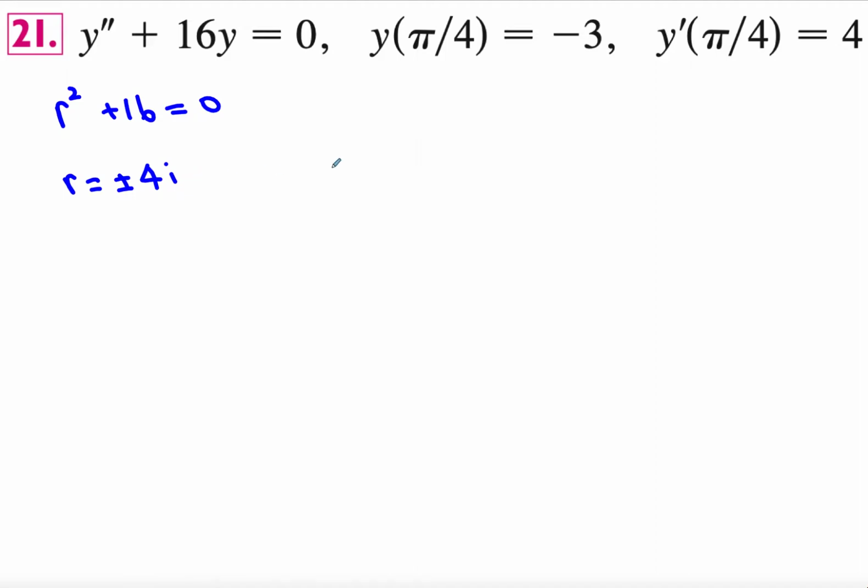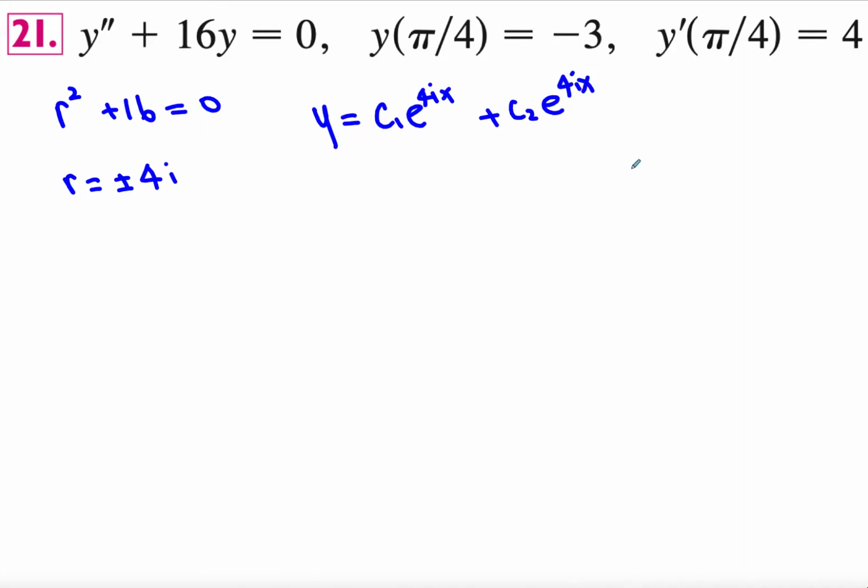Then what this tells us is that y is equal to c sub 1 e to the 4ix plus c sub 2 e to the negative 4ix.